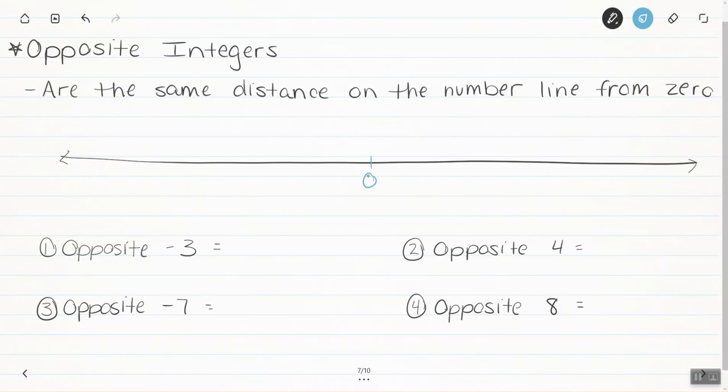So I have 0, and then I'm going to do my positives. 1, 2, 3, 4, 5, 6, 7, 8, 9. And label them. And then I'm going to do my negatives. 1, 2, 3, 4, 5, 6, 7, 8, 9.